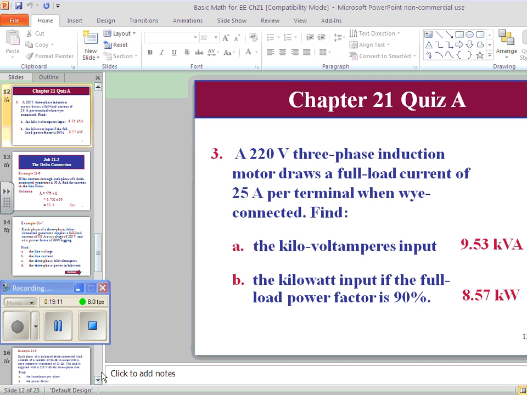Everybody hit clear on your calculator. Okay, so what we really get is 9,526.55. If we round that, we can come up to their answer of 9.53 kVA.